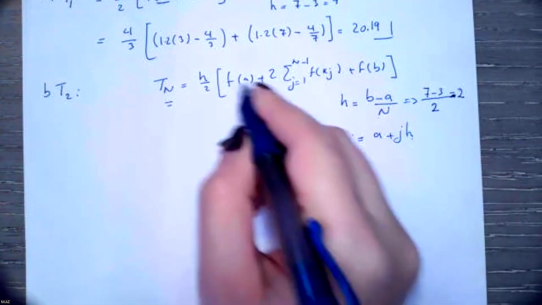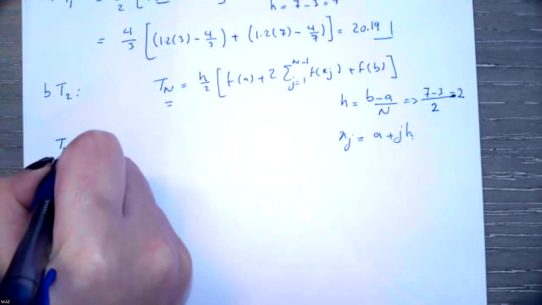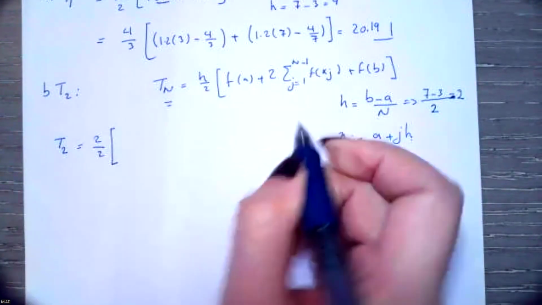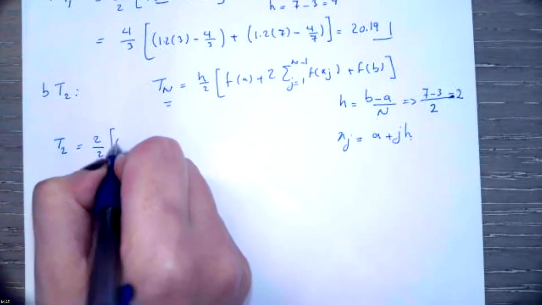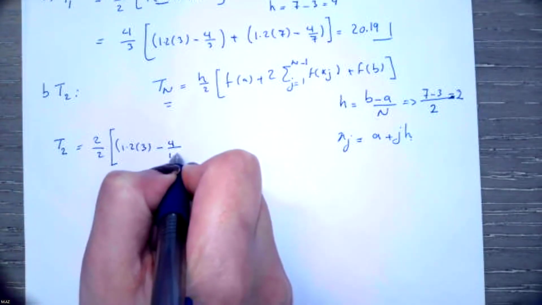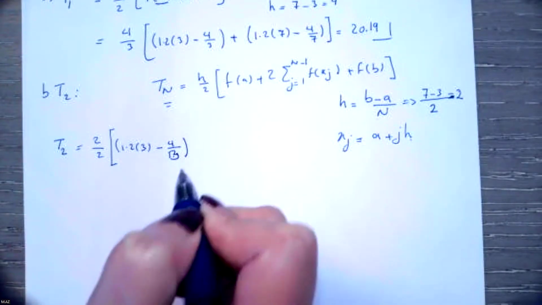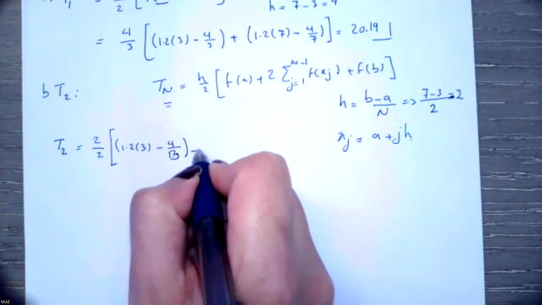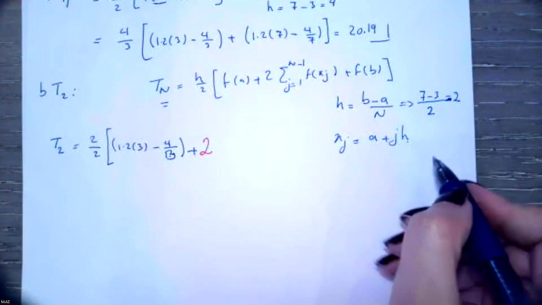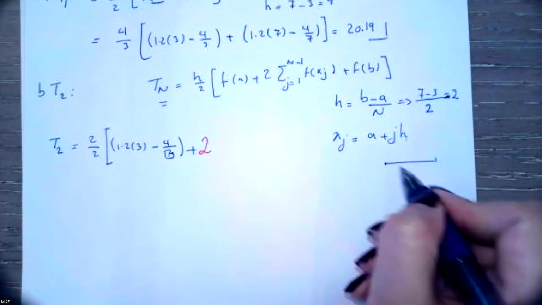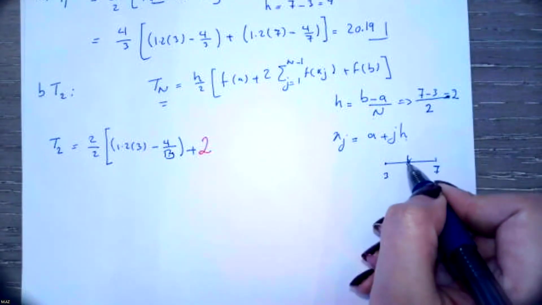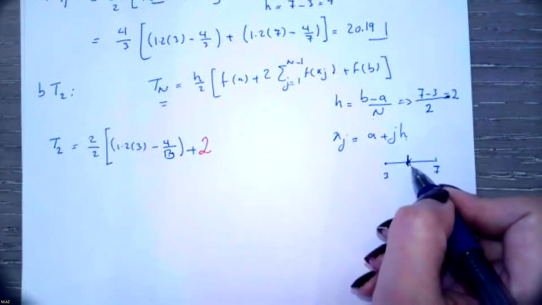And once we write the equation for trapezoidal with two panels, h over 2, the value of the function at point 3, this is the f of a, plus 2 times the value of the function. Okay, this is 3, this is the 7. And we have to find the value of the function at this point.